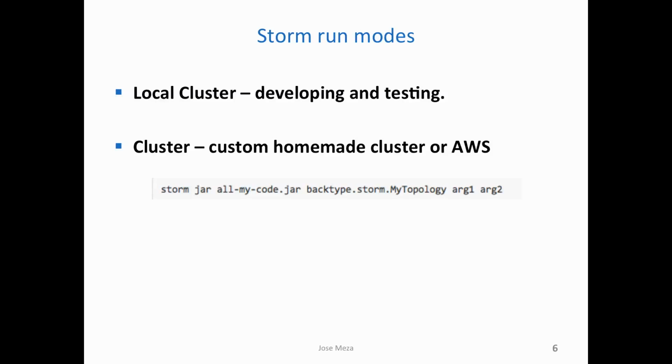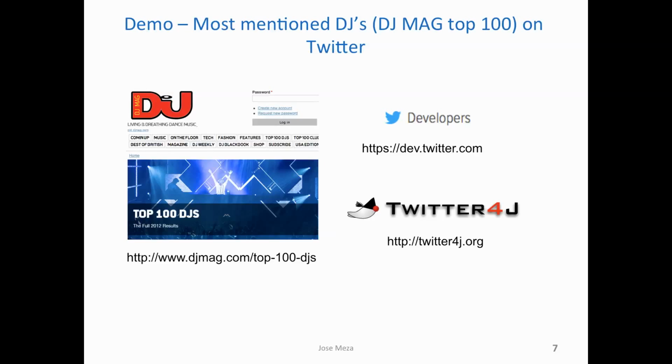To run Storm, it's a very simple command line. You just name your jar file and the class where your main method exists.